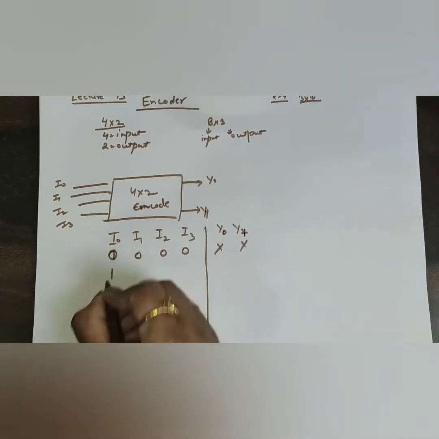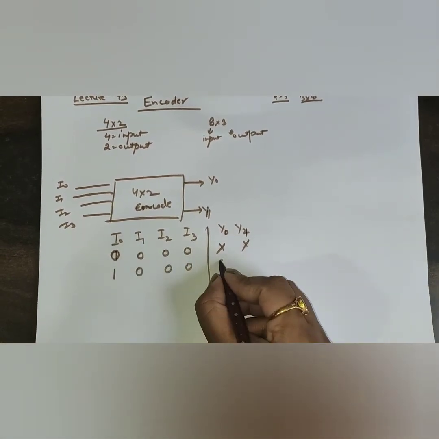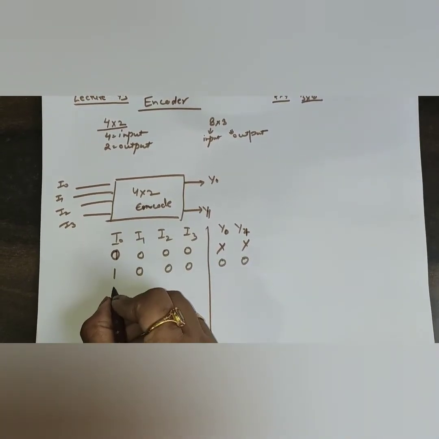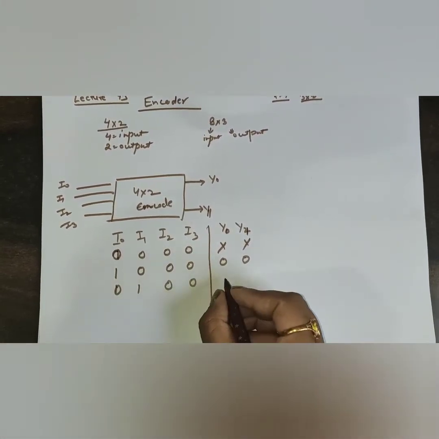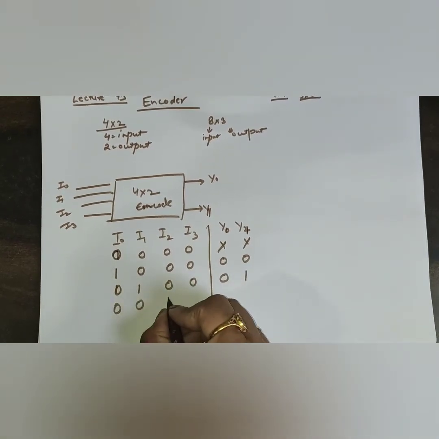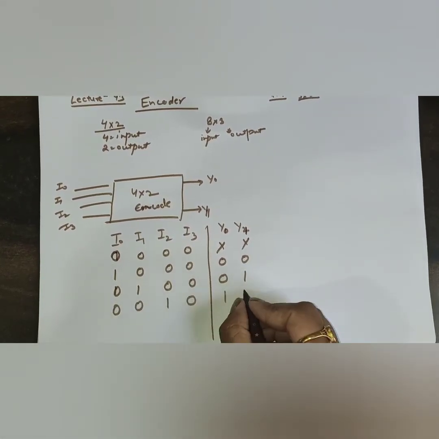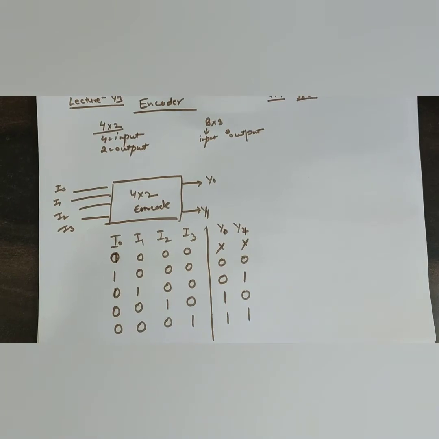Now if I1 is present and the others are 0, the output will be 0 0. If I2 is present and the others are 0, the condition is 0 1. Then if I2 is present, the condition is this, and if I3 is present, the condition is this.